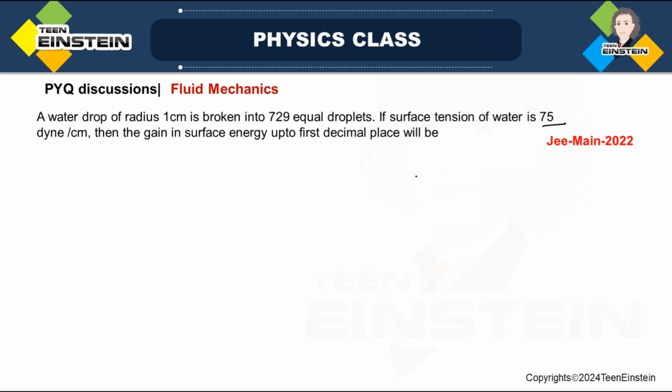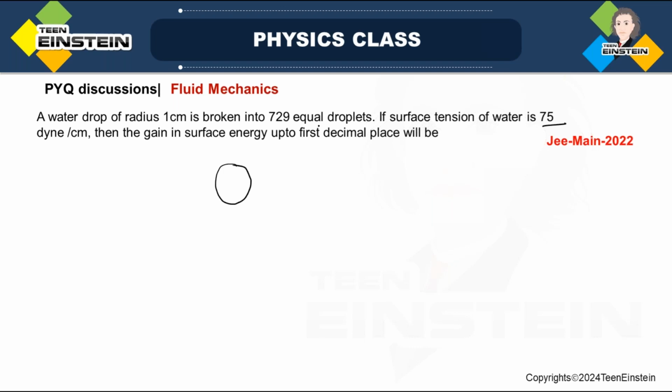What is the question? The question is, what is the gain in surface energy? So look here, what the question is saying is this. This is a liquid drop. A water drop of radius 1 centimeter is broken into 729 equal droplets.